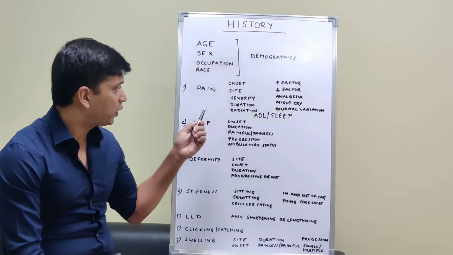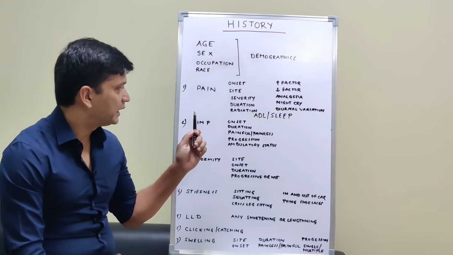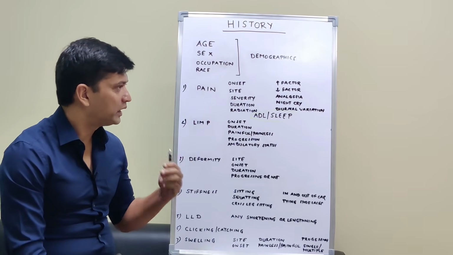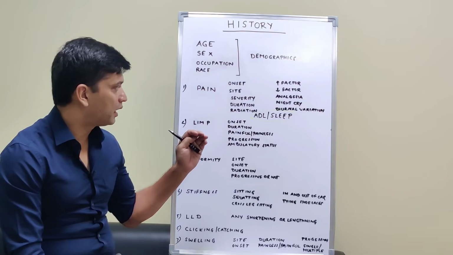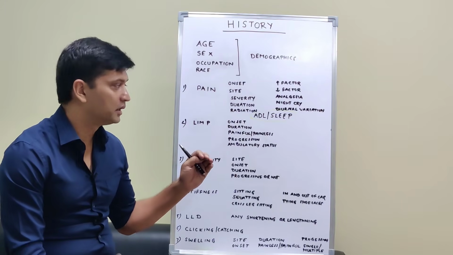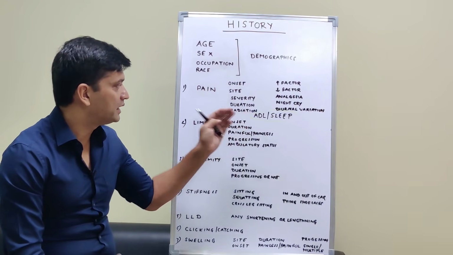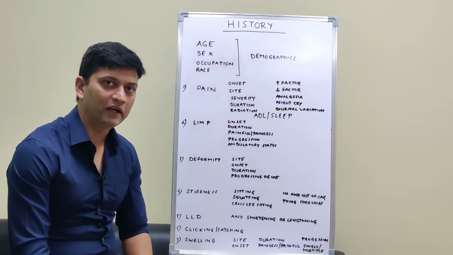Now when I talk about pain, whether you are appearing in FRCS or seeing patients in clinic, two things are very critical for me. One is your ADL: is your activity of daily living affected?